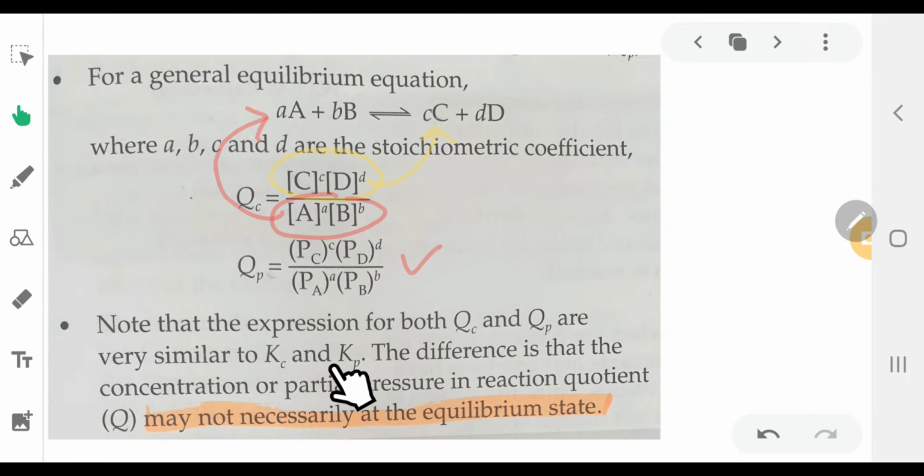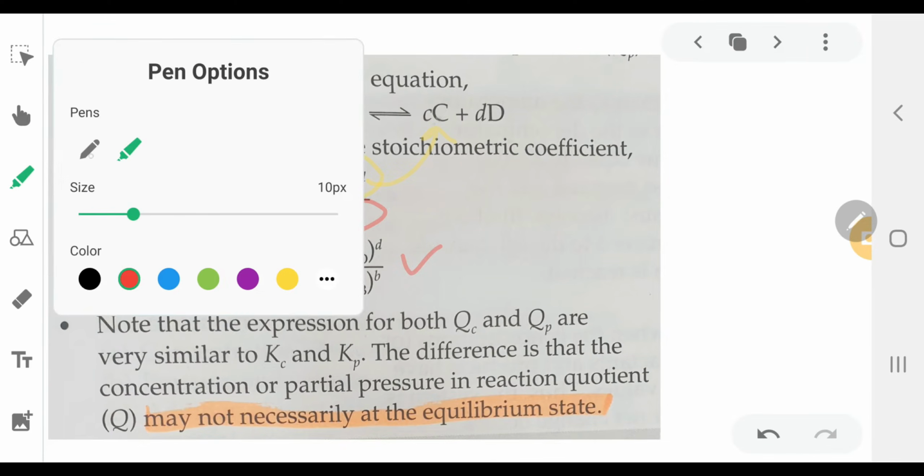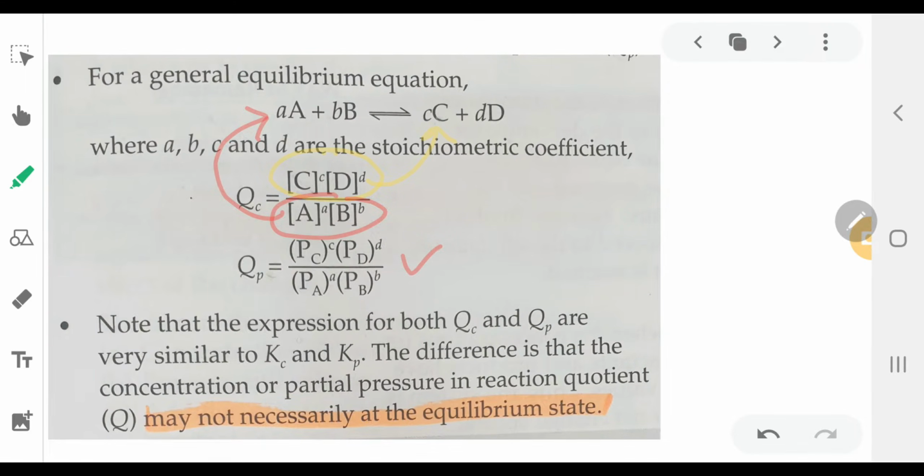The concentrations and partial pressures you plug in for Q may not necessarily be at equilibrium, unlike for Kc and Kp. For Kc and Kp, we need to find the values at equilibrium, then we will be able to solve for Kc and Kp.